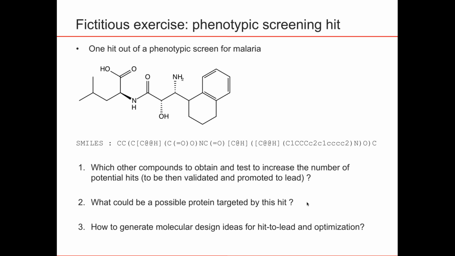One, of course, is which other molecules can I buy, can I purchase, can I obtain and test to increase the number of potential hits with different chemistry or very related chemistry? What could be a possible target protein for this hit? And of course, how can I generate ideas to make design, so a small chemical modification, either for hit expansion to lead or for lead optimization, right?